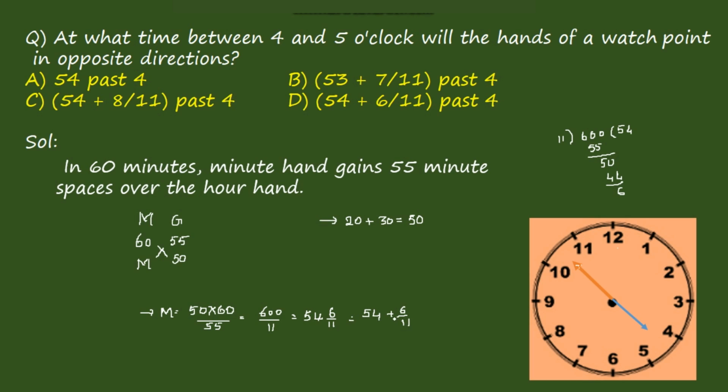So seeing the options, option D will be matching, right? After 4, if it goes 54 plus 6 by 11 minutes, then they would be forming a straight line, or moving in an opposite direction.